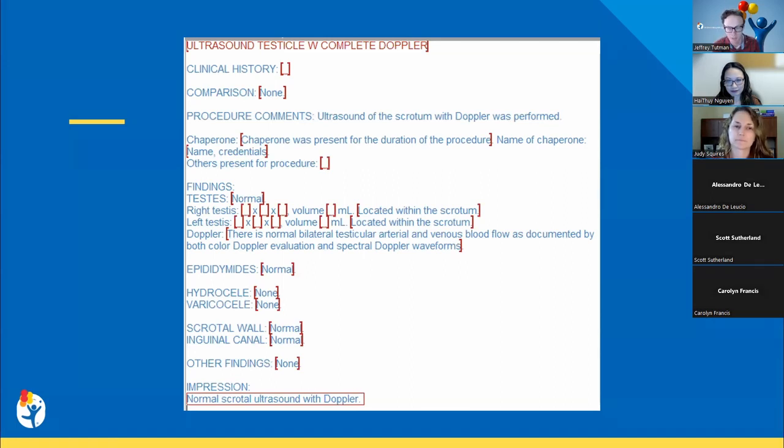The only exception is if it's an emergent exam and there's no chaperone available, then we can get around it. By default, every patient over 10 has to have a chaperone for inguinal, scrotal, pelvic, breast, all those sensitive exams. If the patient is less than 10, we have to offer the chaperone, but it's at the discretion of the parent whether they want one or not. So we have to include that because of our hospital policy.